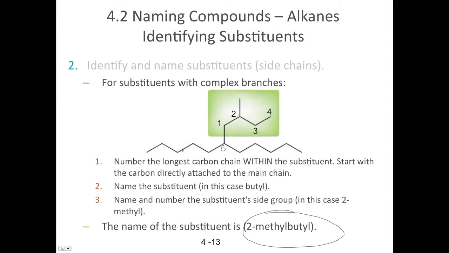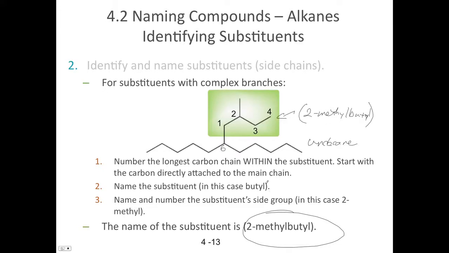So this is 1, 2, 3, 4, 5, 6, 7, 8, 9, 10, 11. This is undecane. And this guy here is 2-methyl butyl.